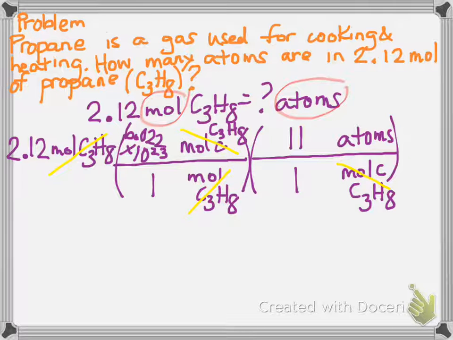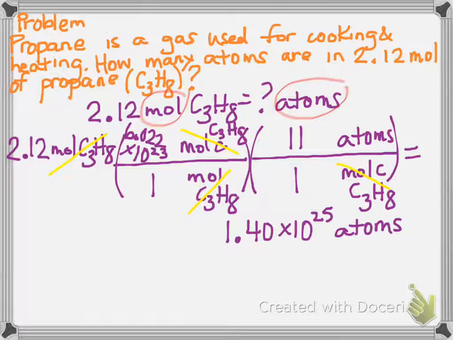Molecules and molecules cross out, so I'm left with my answer in the correct units that I want, which is atoms. This is one that I definitely would like you to try on your calculator. You should end up with 1.40 times 10 to the 25th atoms.